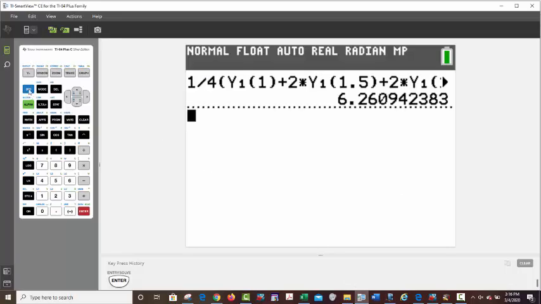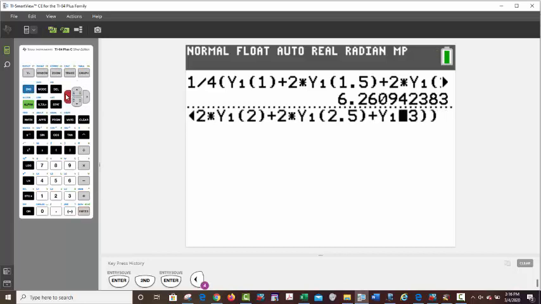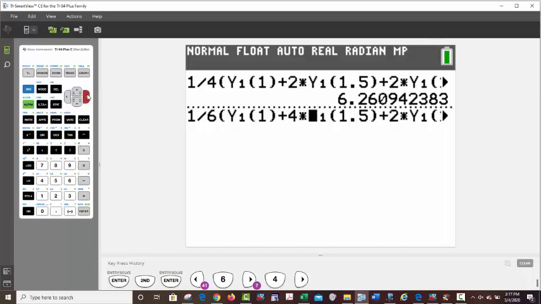So watch what happens here. I'm going to go second, enter. I'm going to scroll back to the beginning. Almost there. So I'm going to put a 6 where the 4 is, because it's now 1 over 6. I'm going to put a 4 right here. The next one remains a 2.